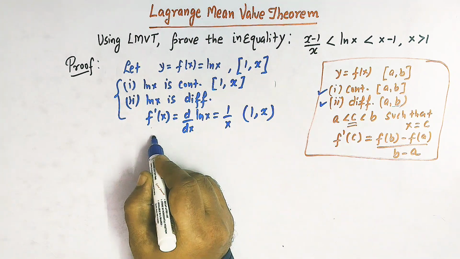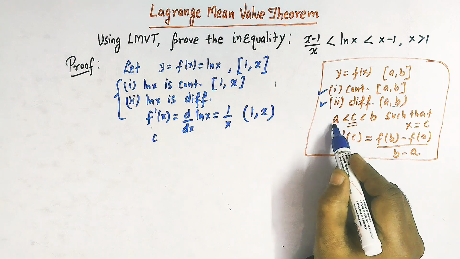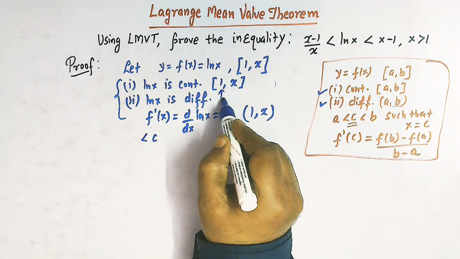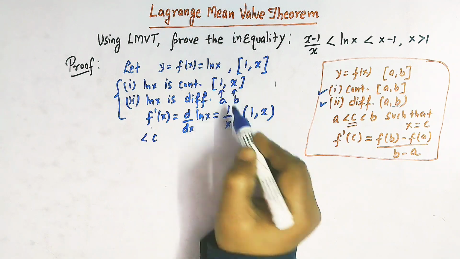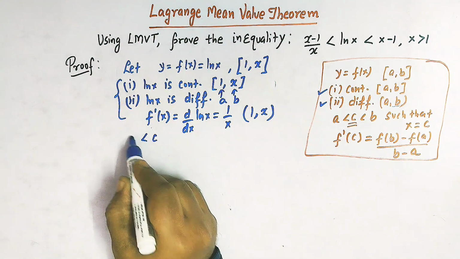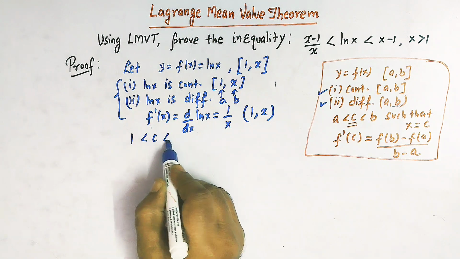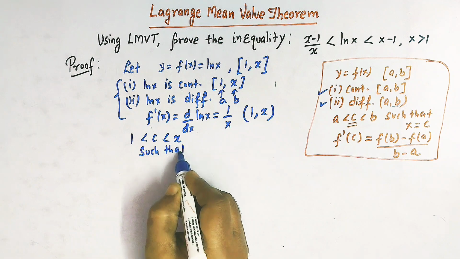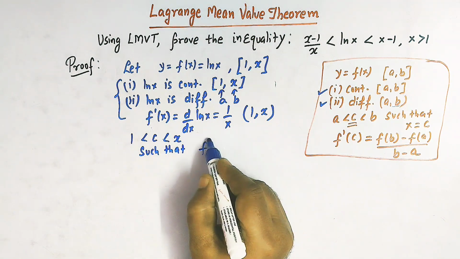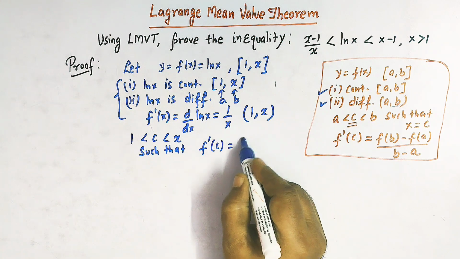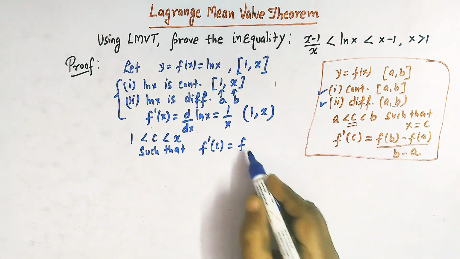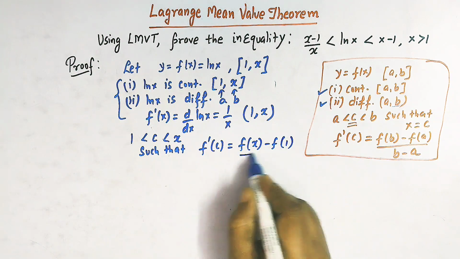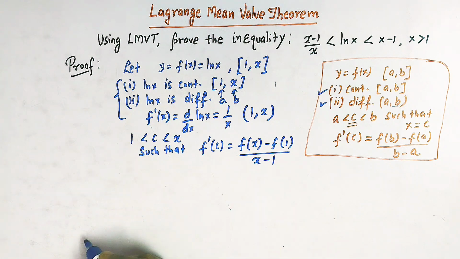Now there must exist some point c between a and b. Here a is 1 and b is x. So we have c lying between 1 and x such that f prime of c is equal to (f of b minus f of a) divided by (b minus a). So we have (f of x minus f of 1) divided by (x minus 1), right?